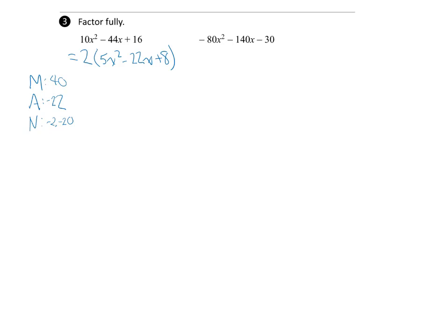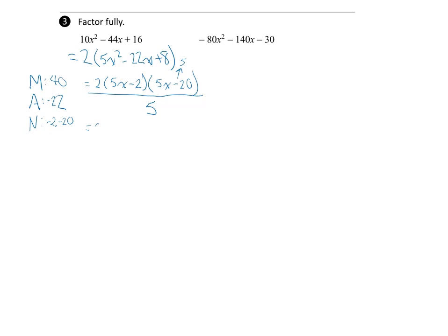So now we're going to do what we did before, except we're going to keep the 2 out in front. So we have 2, 5x, because it's our A value, minus 2. And then 5x minus 20. And then we're trying to cancel out 5 if we can, if at all possible. If not, don't worry. You should be able to, for all the examples I show you. We have 5x minus 20. Well, we can actually take out a factor of 5 here.